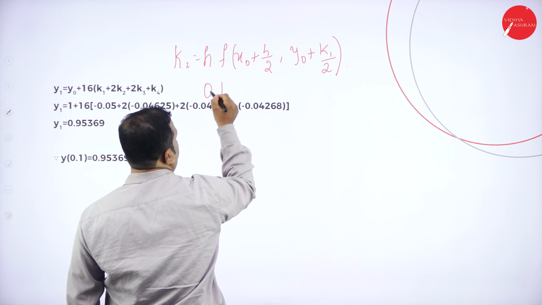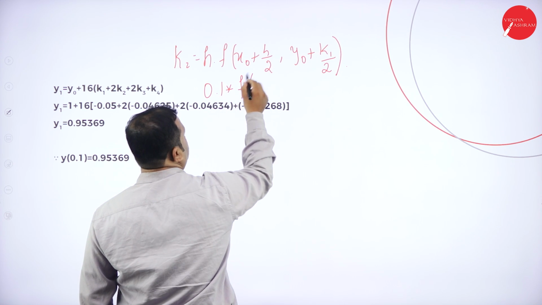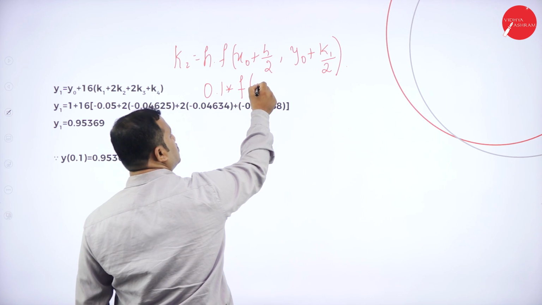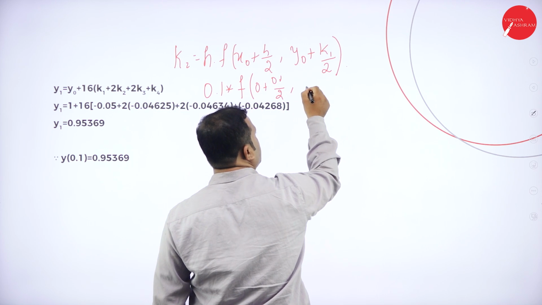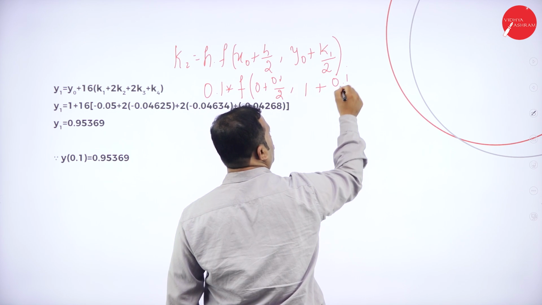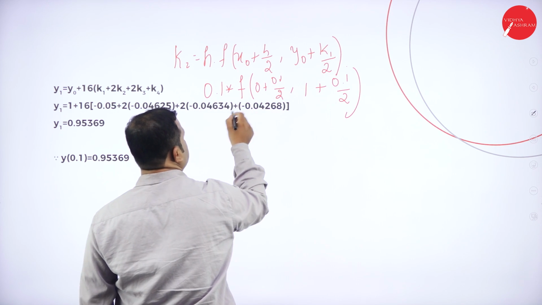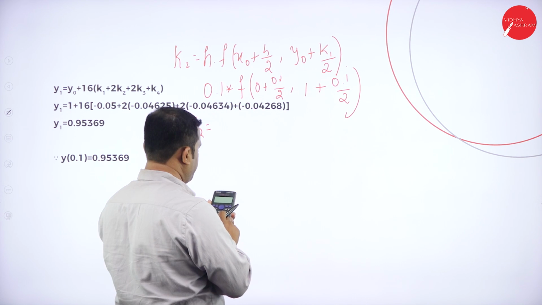If that is the case, what is the value of h? 0.1 into f of this function. What is x0? It is 0. 0 plus 0.1 by 2, comma, what is y0? In this case, it is 1 plus what is k1? 0.1 by 2. If I simplify this term, I'll get the value of k2. What is the value of k2 if that is so?